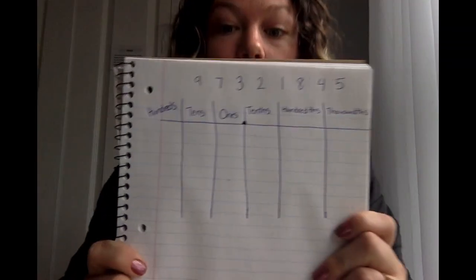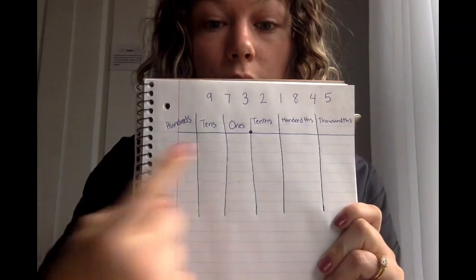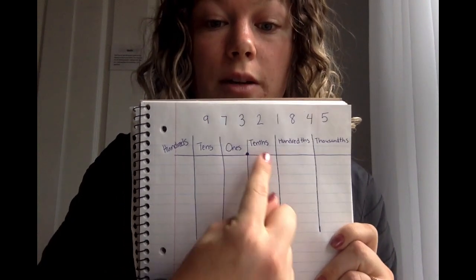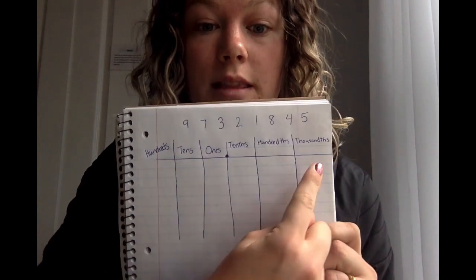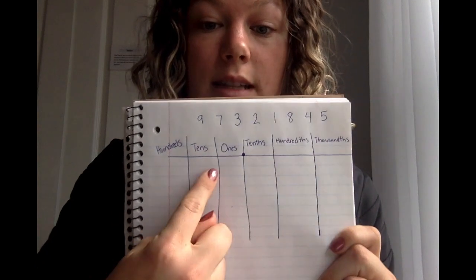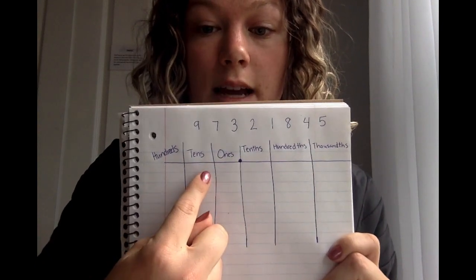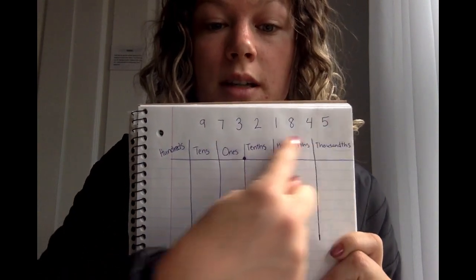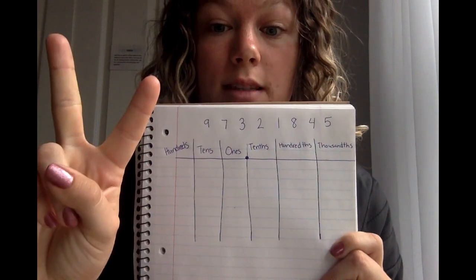The first thing I always remember when we're talking about decimals is I'm going to make my place value chart. So we have our decimal point in the middle, and over here we have tenths, hundredths, and thousandths. And on this side, we've got our ones, tens, and hundreds. I already picked 8 numbers that I'm going to use to make 2 different decimals.